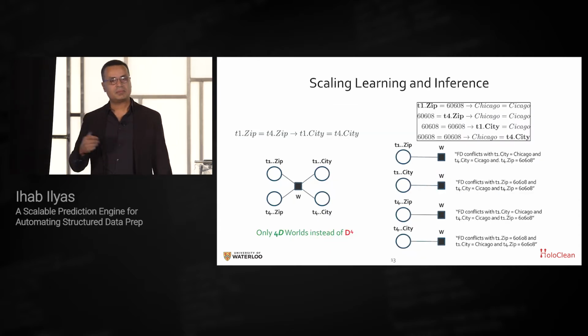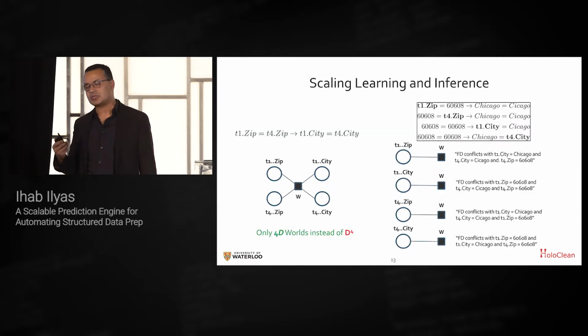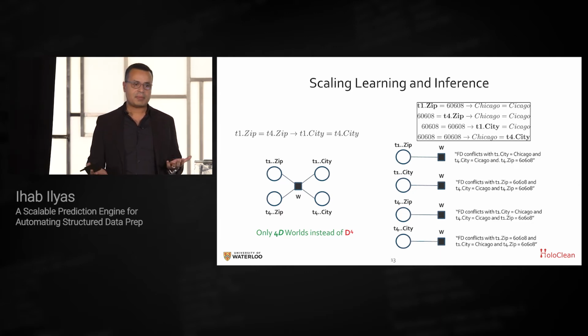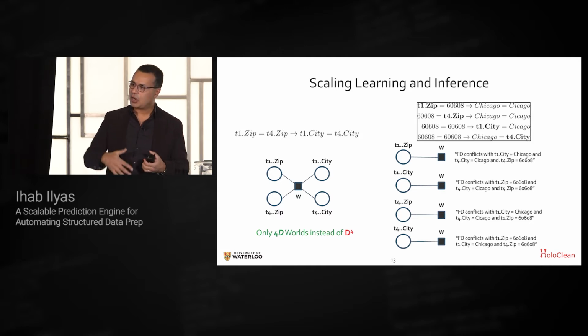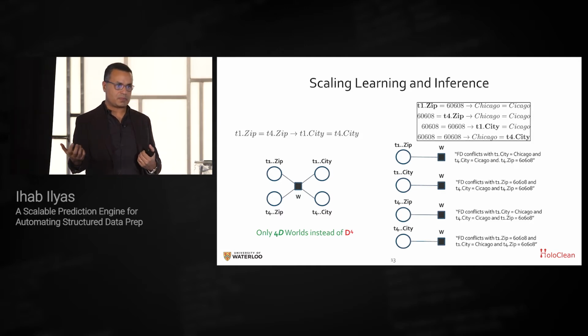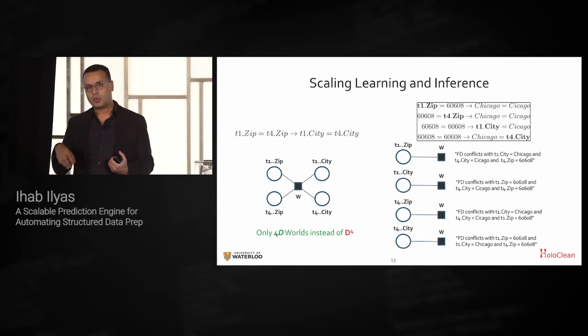So we started to inject some of our database knowledge. In databases and data cleaning, people are fond of something called minimality of repair. The idea of minimality of repair is, if you are going to guess what the right values are for your data, why don't you stay close to your local observation?